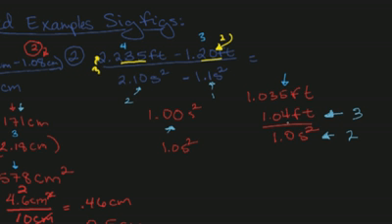So you divide the 2, and after you divide the 2, you end up with 1.04 feet per second squared. But we have to only have 2 sig figs. That's a 4, so it becomes 1.0 feet per second squared.